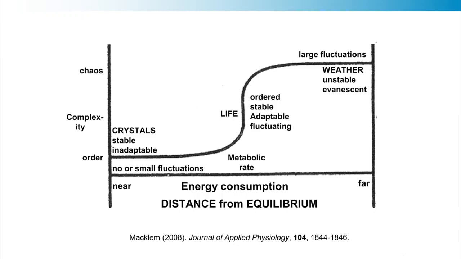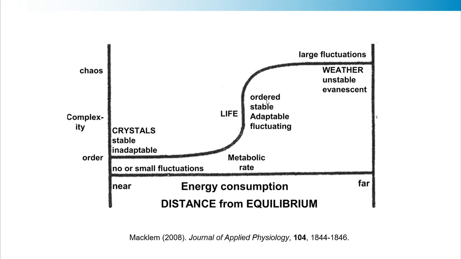You can't have too much chaos, because then you end up with very large fluctuations that are impossible to control, such as the weather. So that's unstable, and you really can't control anything there. You just have to let the thing play out. But you don't want anything to be too stable either, because that becomes inadaptable. So crystals are the classical example of something that's entirely stable, at least once the crystal has formed.